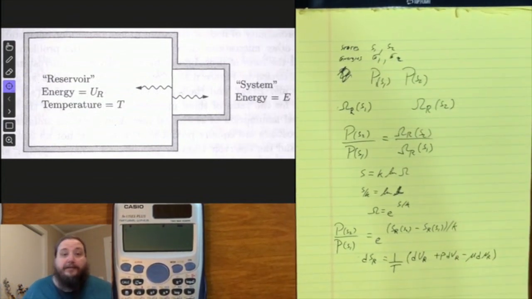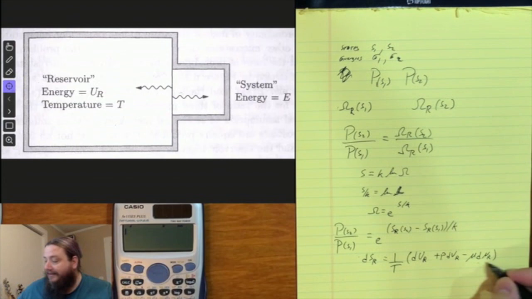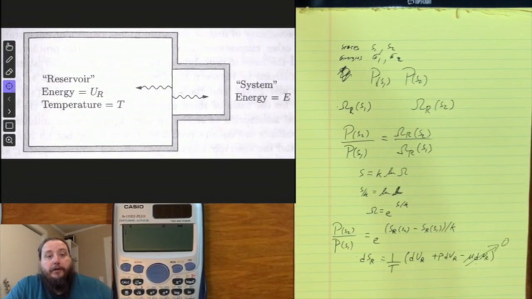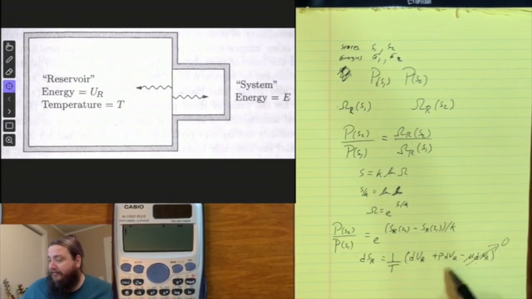Now, our system is not allowed to exchange particles with the reservoir, which means that the dN of the reservoir isn't changing, and that second term goes away. And for the most part, especially if we're talking a hydrogen atom, the change in the volume as we go from one hydrogen state to another tends to be very, very much smaller than the change in the energy, so that the P dV term also tends to be very small.